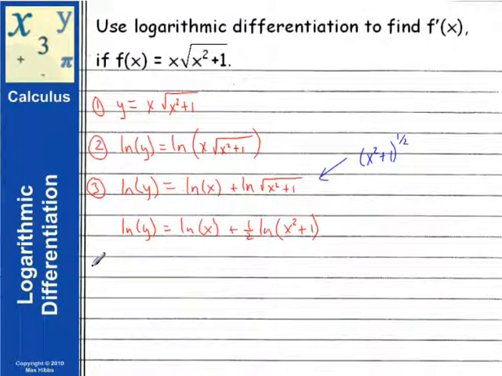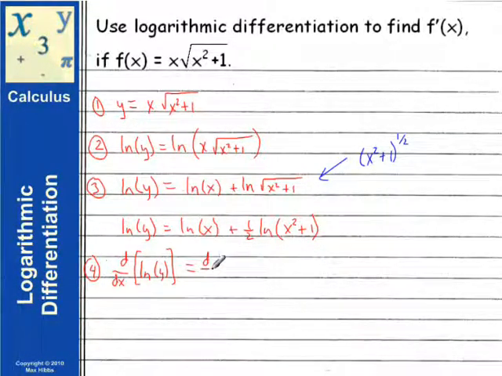Now the fourth step in logarithmic differentiation, once we've used all the rules of logarithms to simplify the right-hand side, is to find the derivative of both sides, since each side is equal. So we have the derivative with respect to x of the natural log of y, and that's equal to the derivative of the right side, which is two terms.